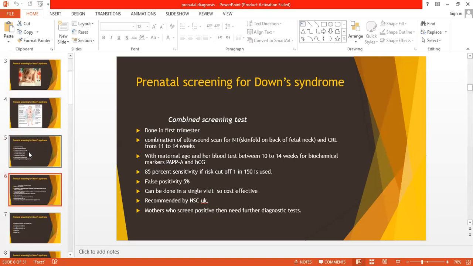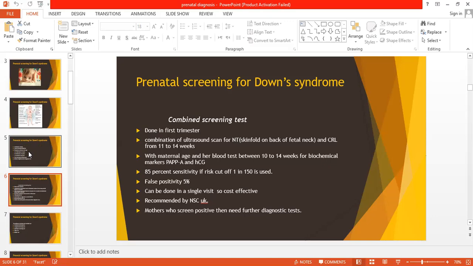There are different tests that are undertaken for prenatal screening of Down syndrome. They are the combined screening test, integrated screening test, and the double, triple and quadruple screening tests. First of all, we will discuss the combined screening test because it is the one that is recommended.